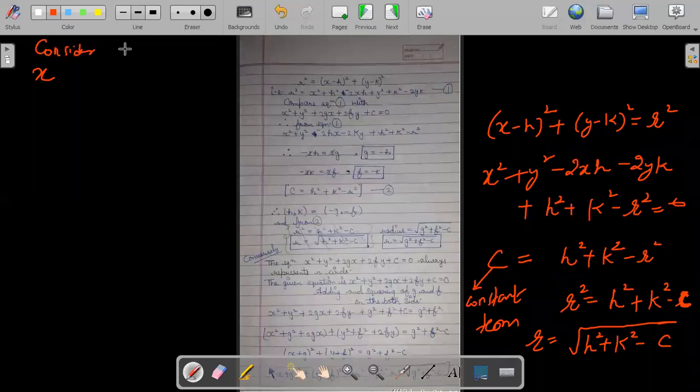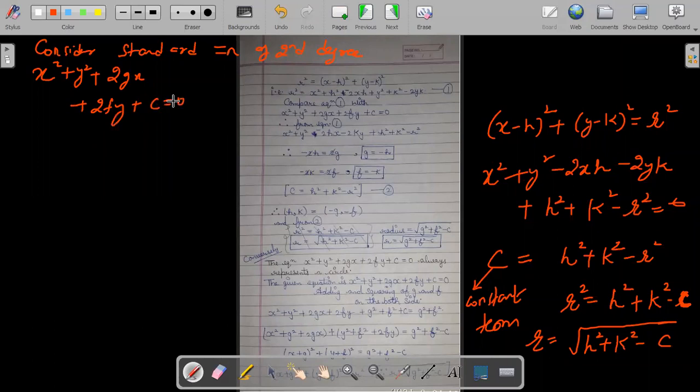So let us consider the standard equation of second degree. So you see, x square plus y square plus 2gx plus 2fy plus c is equal to 0.